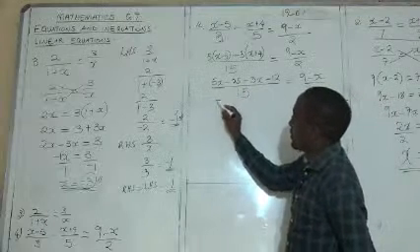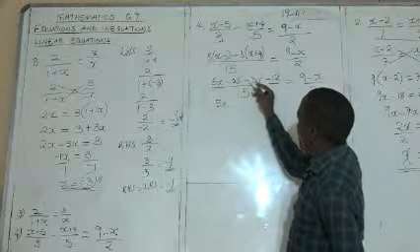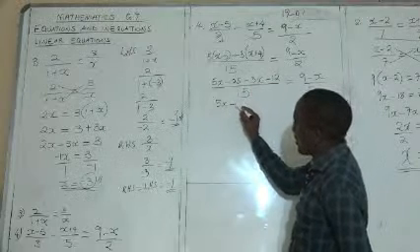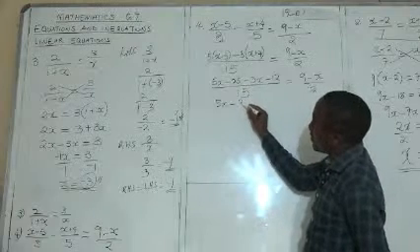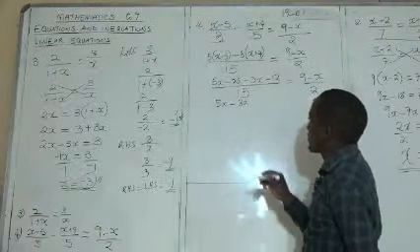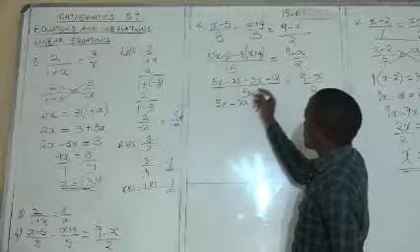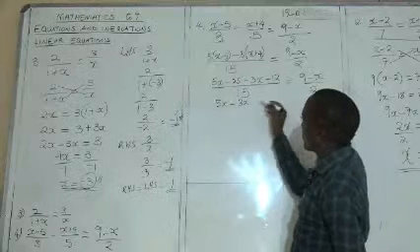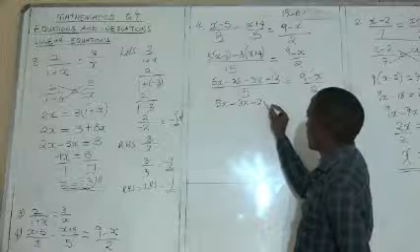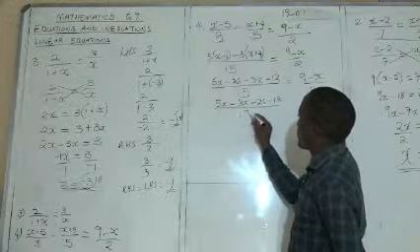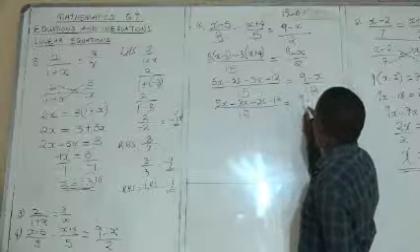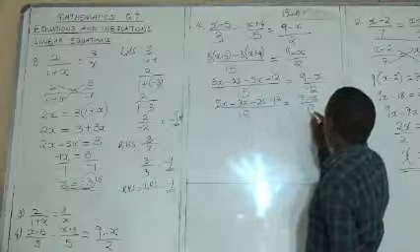So we have 5x and you have this 3x, you carry the negative sign, so negative 3x, then here you have 25 and 12, so 25 has got a negative sign, so this is negative 25, then minus 12, then over 15, so it's equal to 9 minus x over 2.